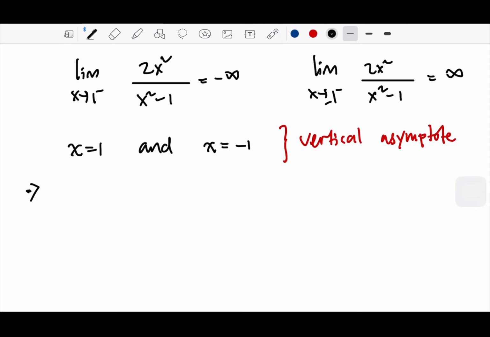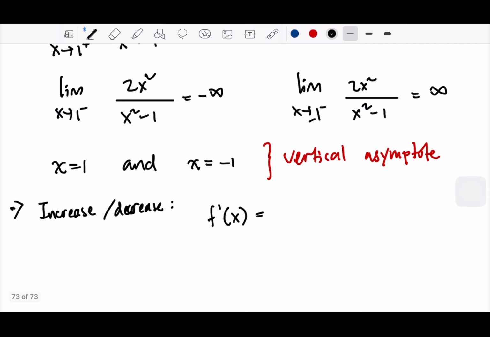And then the next part is increase and decrease. We can set up the first derivative. So we are going to use the quotient rule for the rational function here.